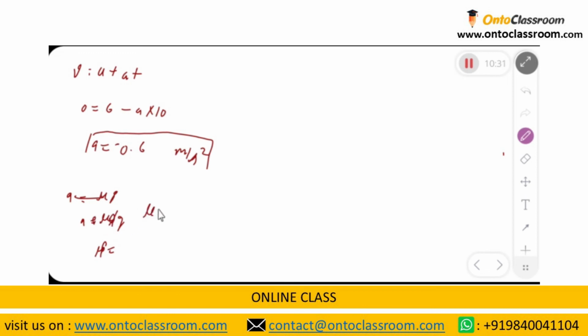So it's simple. You only need to see the magnitude of a, so you put 0.6 and you put 10 for g. So you'll get mu equal to 0.06. So the final answer is mu is equal to 0.06.